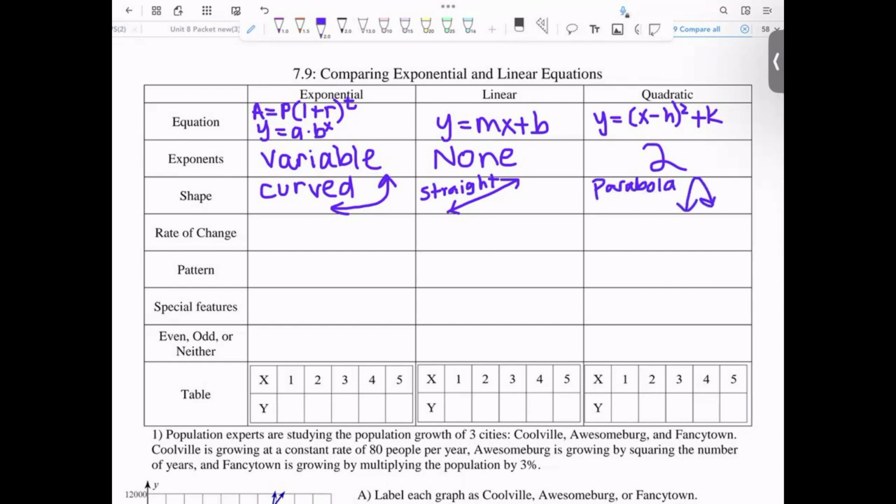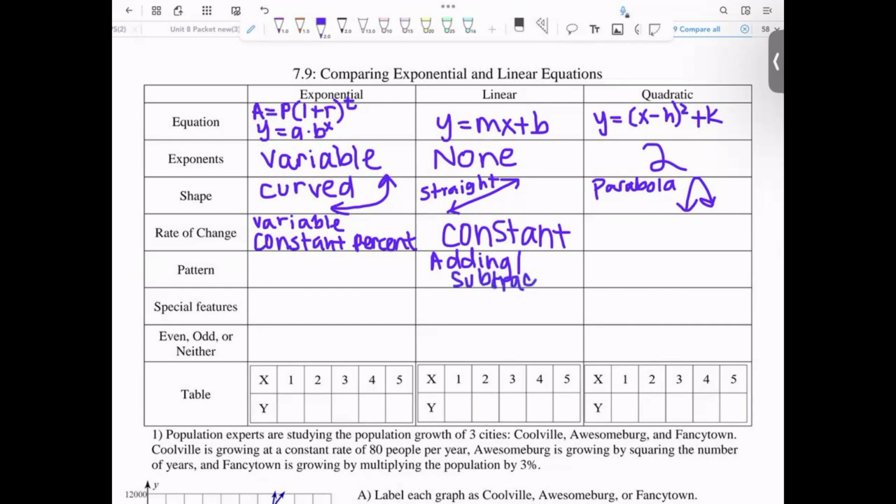Our rate of change, for exponentials, we called it two different things. It can be variable or constant percent. But that just means we're going up by the same percent each time. So it is in a way constant, but it's not going to be going up by the same number like linear is. So linear is a true constant rate of change, which means we're going to be adding or subtracting the same number each time.